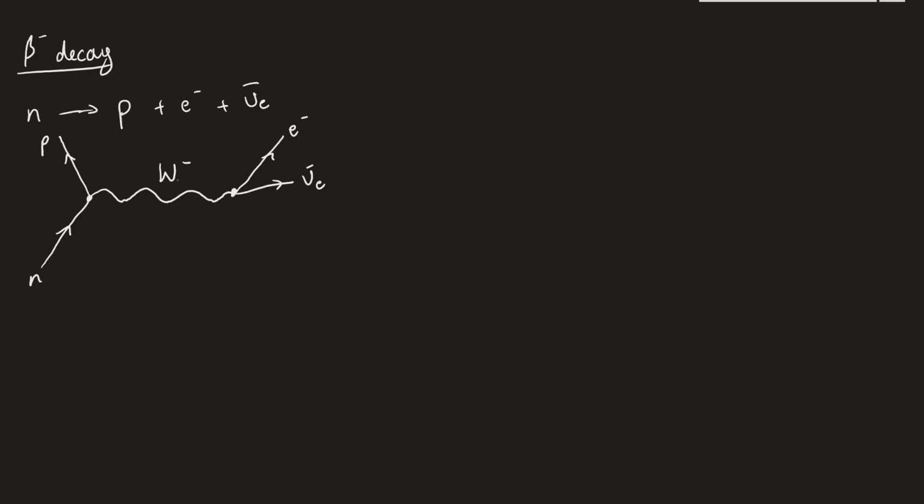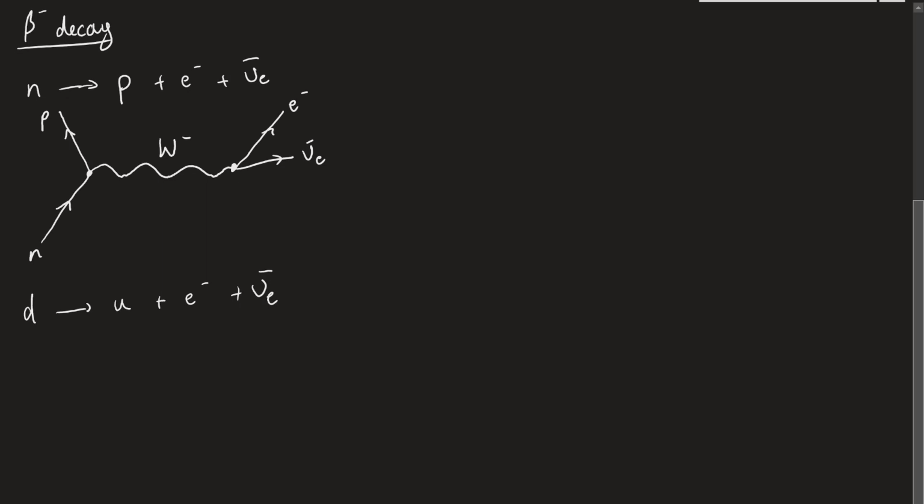I want to go a little bit further than this as well, because we also said that we could write this as a down to an up plus an electron plus an anti-electron neutrino. So if we make a bit of room for that, we can have the exact same thing, but we have some spectators.